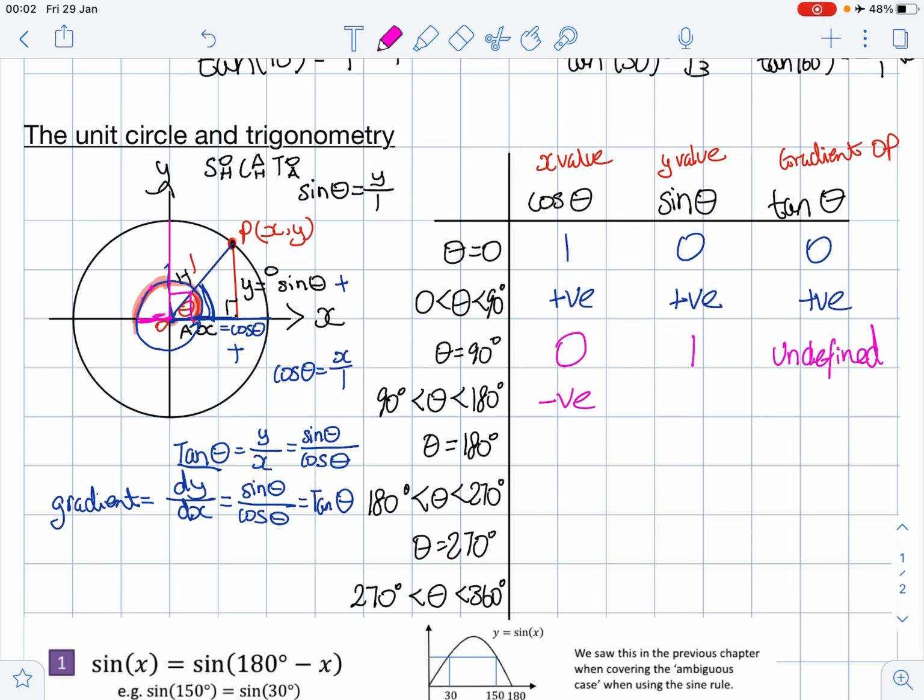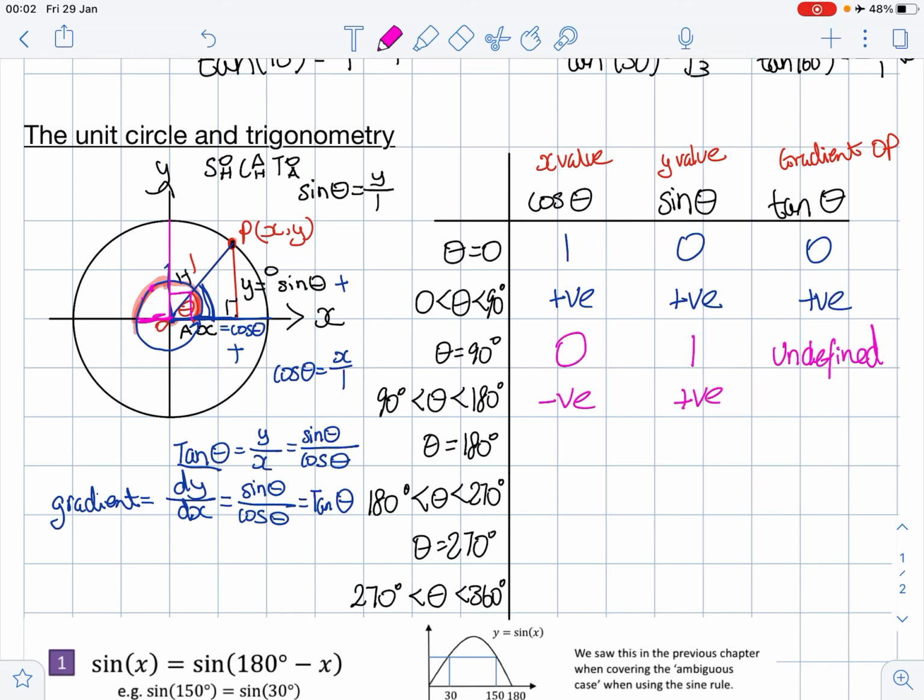All the values here are negative for x, and the values for y are positive. For example, this could be minus 0.1 for x and then positive 0.5 for y.